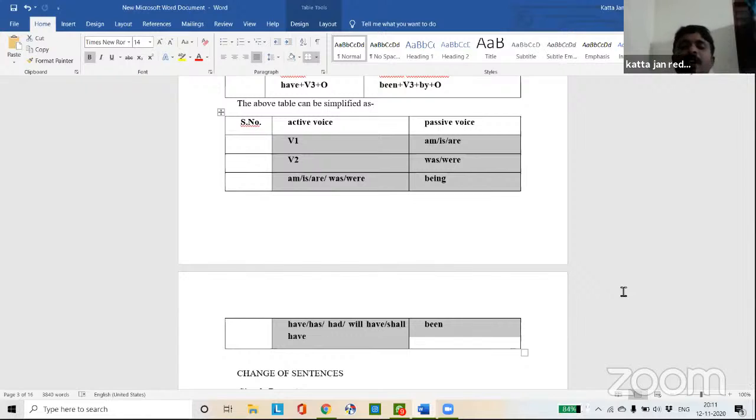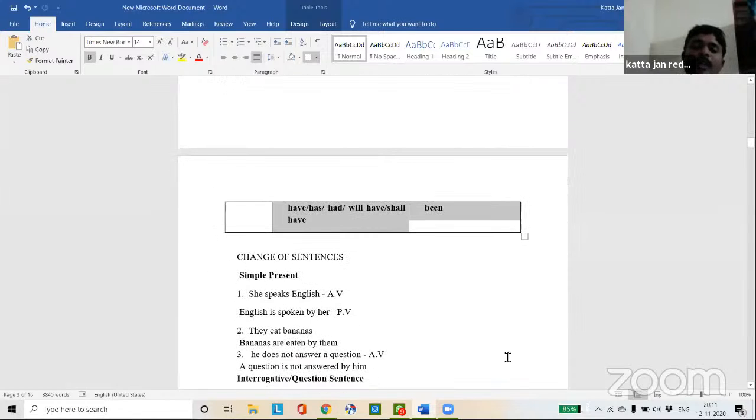Sorry, four rows. This is a column, right? This is vertical. The vertical section is a column, and this is a row, right? So four rows are enough to remember to transform any active sentence into a passive sentence.